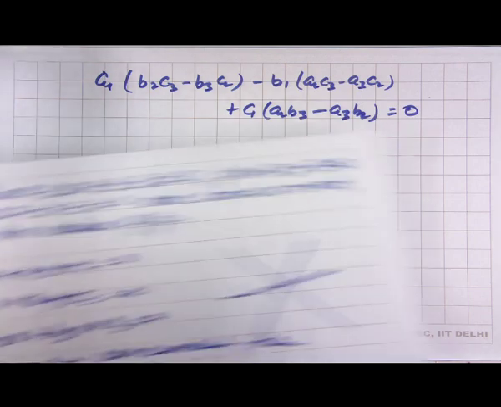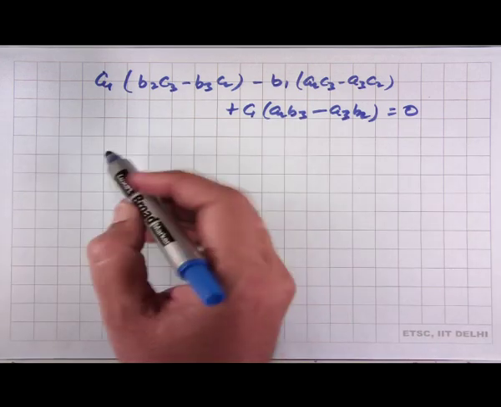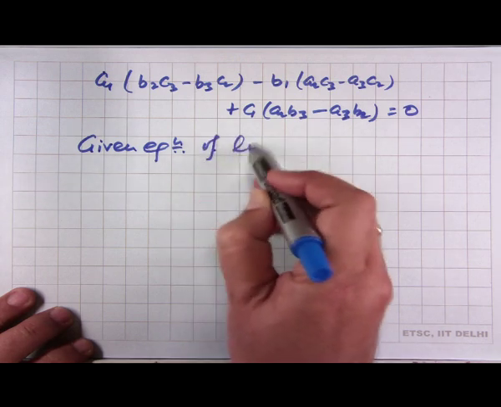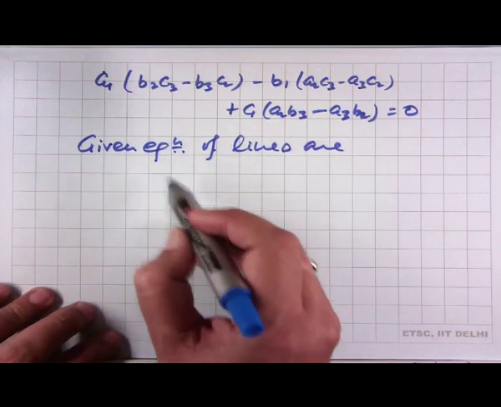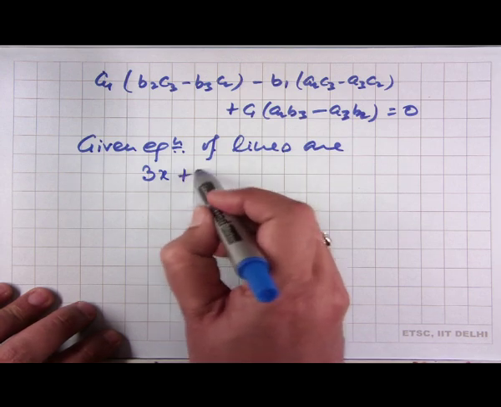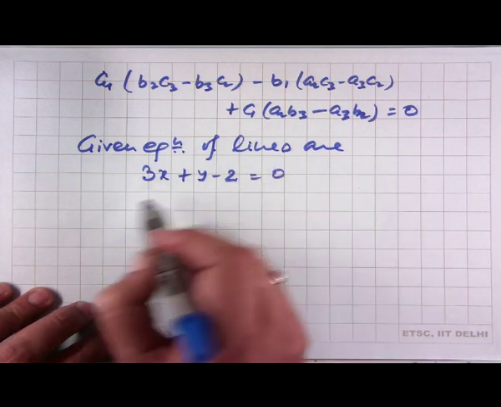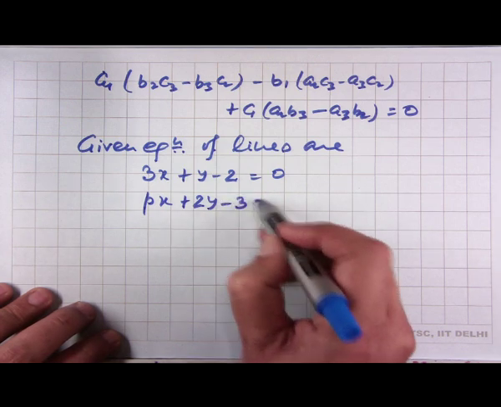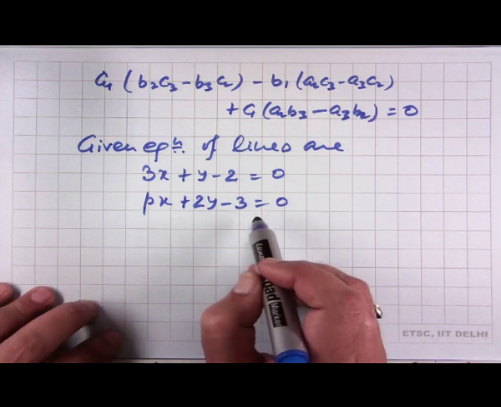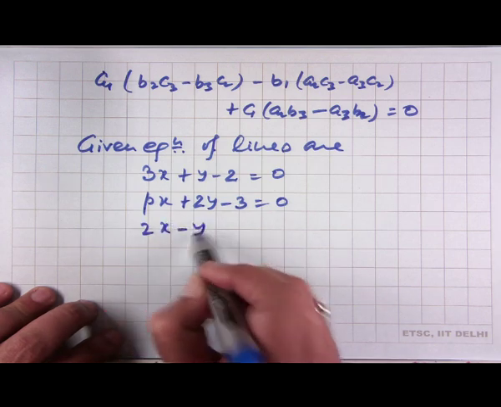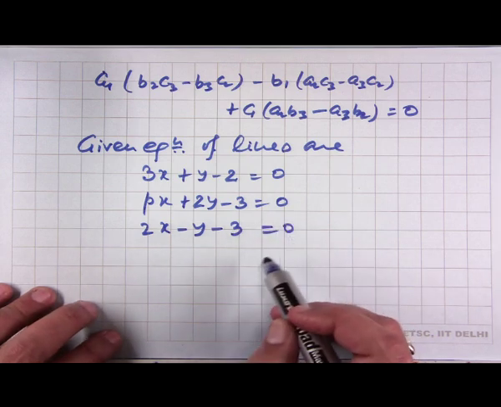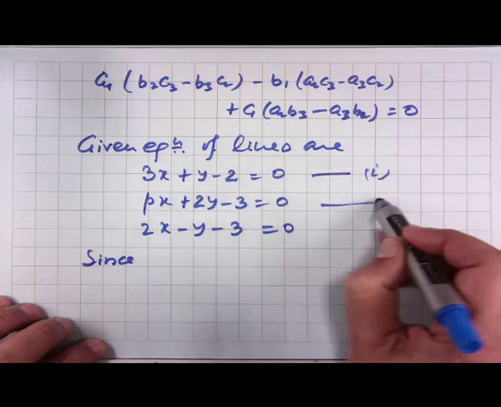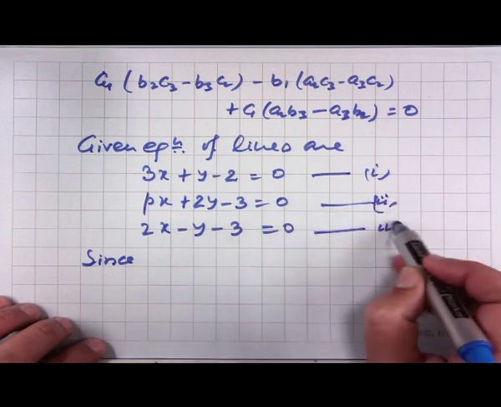Now come to the problem. We have these three equations of lines given. The given lines are 3x plus y minus 2 equal to 0, px plus 2y minus 3 equal to 0, and 2x minus y minus 3 equal to 0. Say this is 1, 2 and say this is 3.